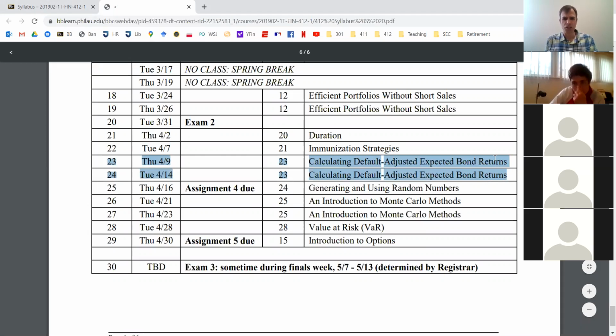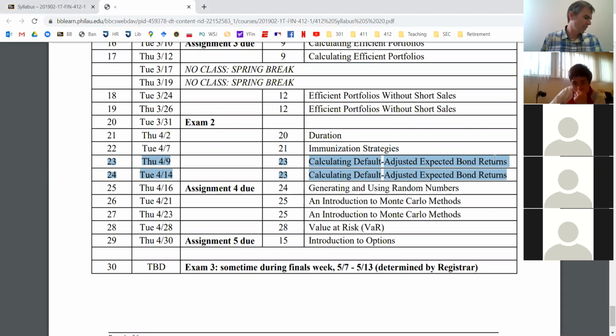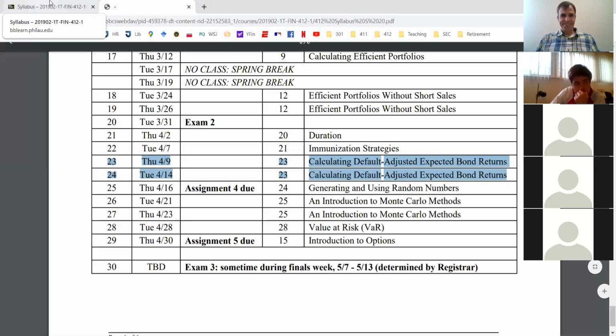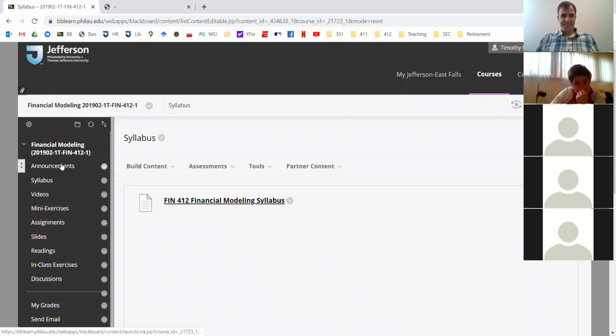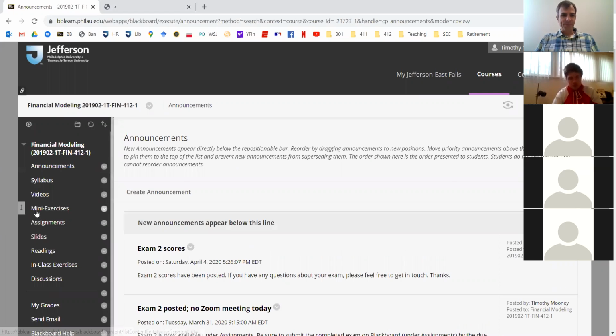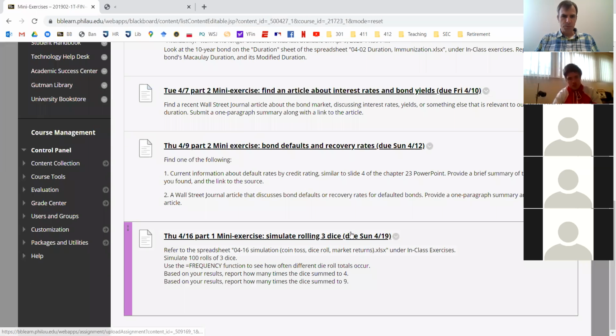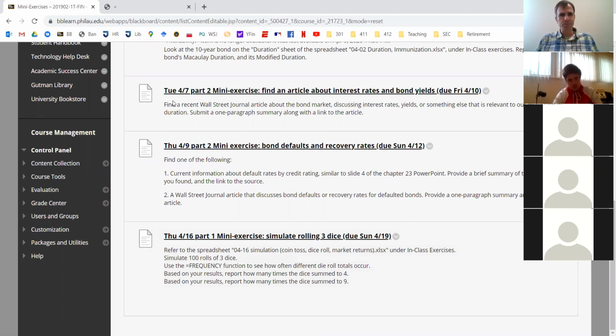Any questions about transition probability matrices or cash flow vectors or anything from chapter 23 right now? All right, and just a final reminder, we've got another mini exercise based on simulation, which starts on Thursday and is due next week. So that should be all right. We'll plan to revisit that on Thursday.